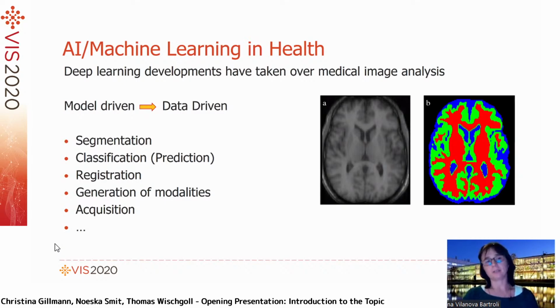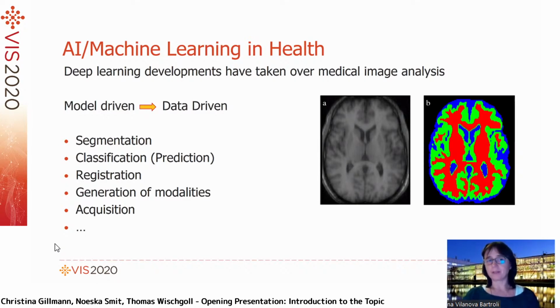But with the advent of deep learning, this has been taken over completely, and it has moved from a more model-driven kind of approach to a fully data-driven approach. And in all typical problems from medical image analysis, like segmentation of structures in images or classification and prediction, even for registration, deep learning is performing much better than classical techniques that were there before with more model-driven approaches.